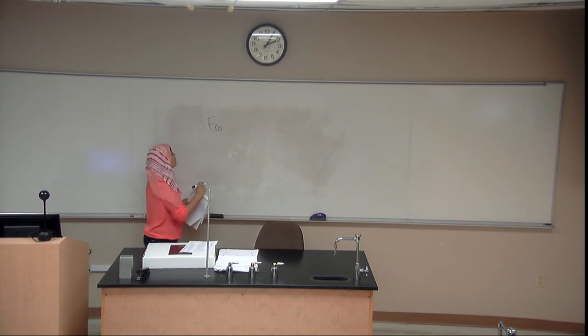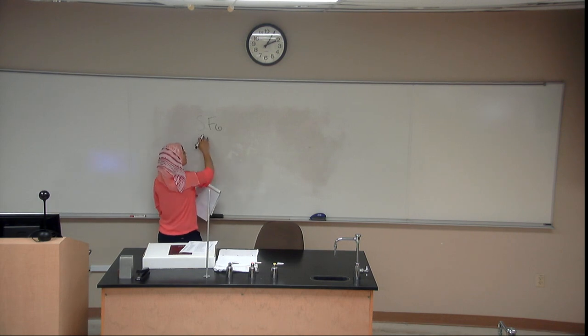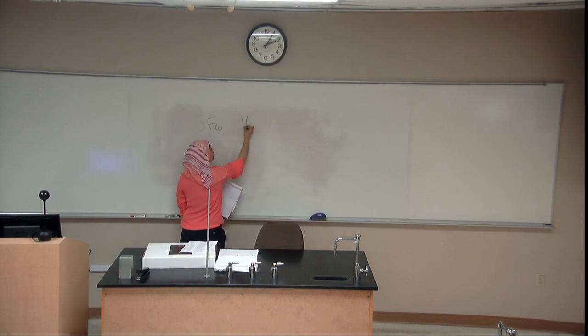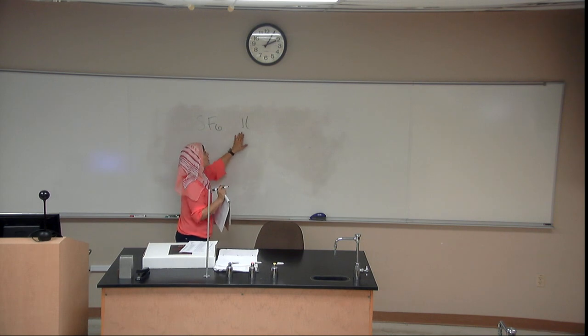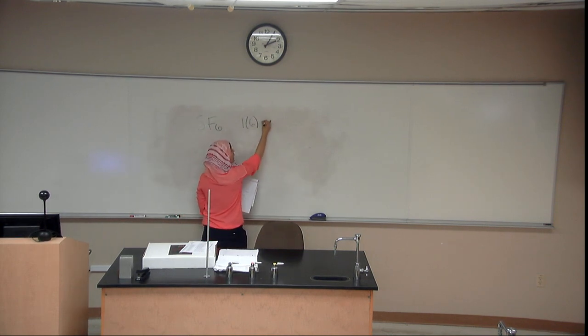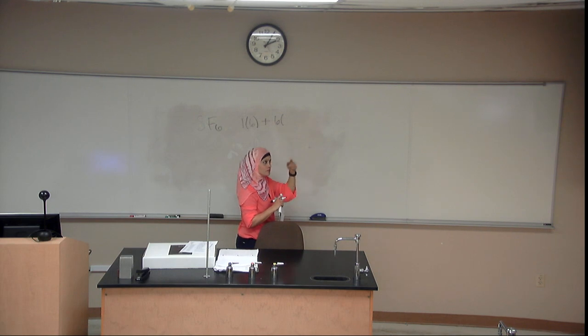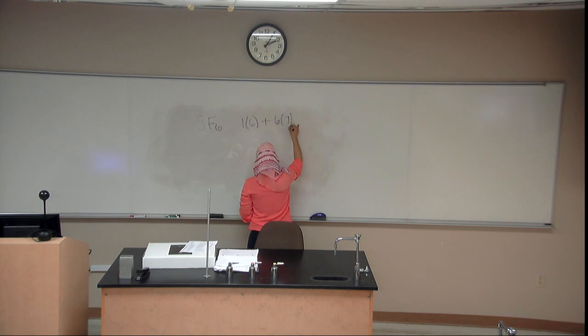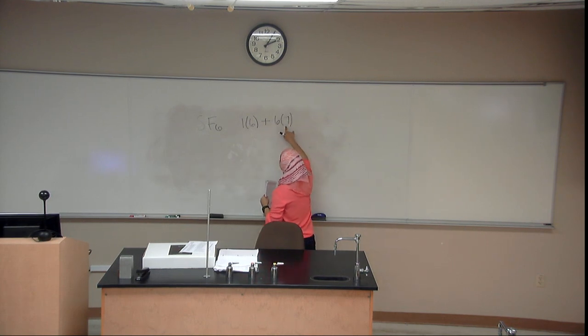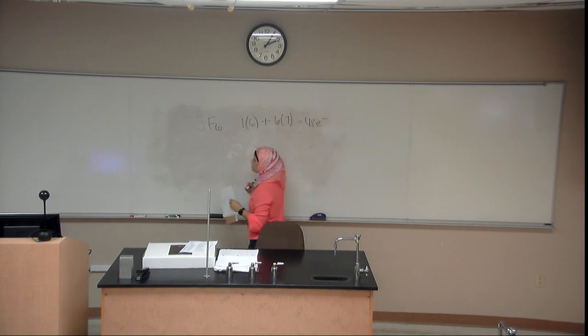So 1 sulfur has 6 valence electrons because it's in group 6A, plus 6 fluorines, and remember, fluorine is in group 7A, so it has 7 valence electrons. So guys, 6 times 7 is 42, plus 6 is 48 electrons to share.